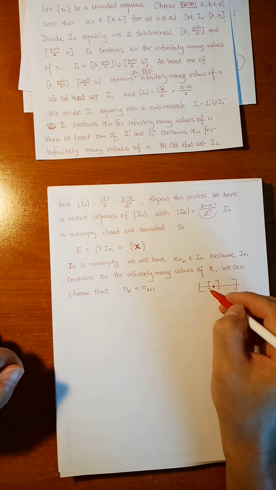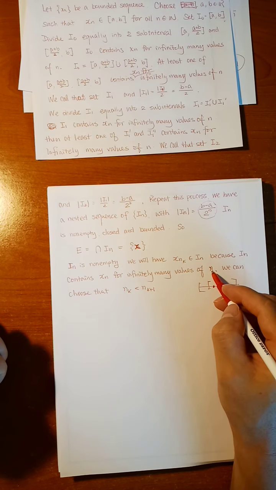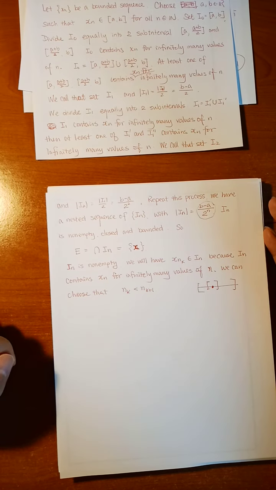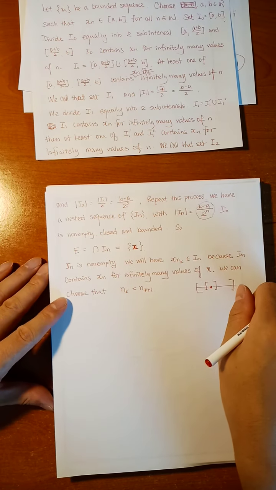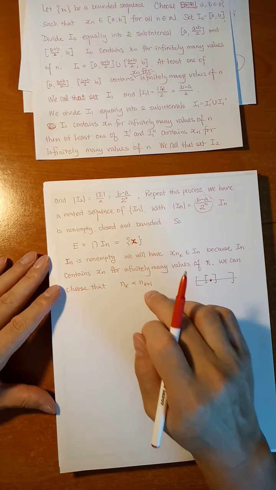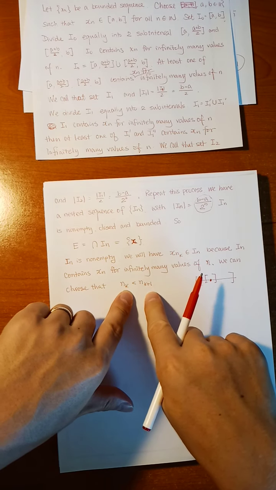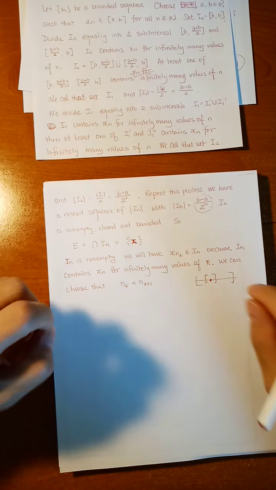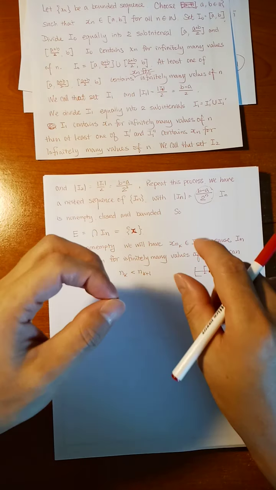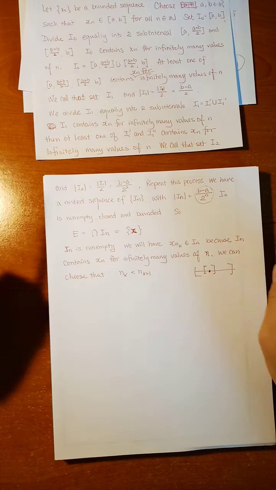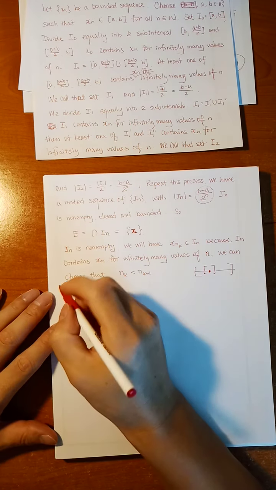Since this interval will contain a lot of other xn for different values of n, you just choose the next, bigger one. That's possible because you have infinitely many choices, right? Here I just want to guarantee that these indices will increase. We do construct a subsequence. We do not just repeatedly choose x1, x1, x1 all the time.